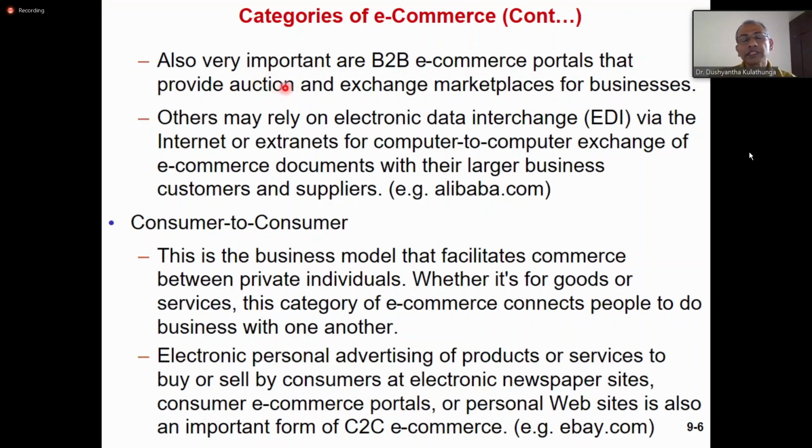So the seller specifies the minimum price, the buyers bid, and with the bids, the price will increase. Also, there can be other arrangements available.